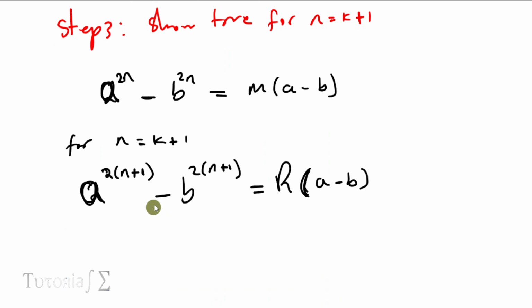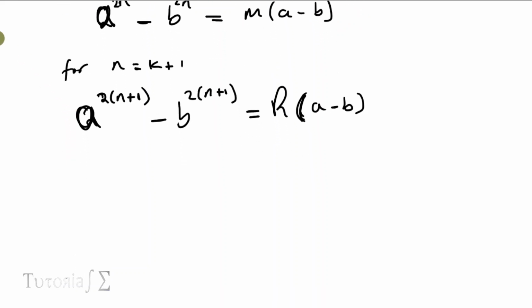Okay, having that said, we can start simplifying. So we need to show that this is also still divisible by a minus b. So for divisibility, we need to show.